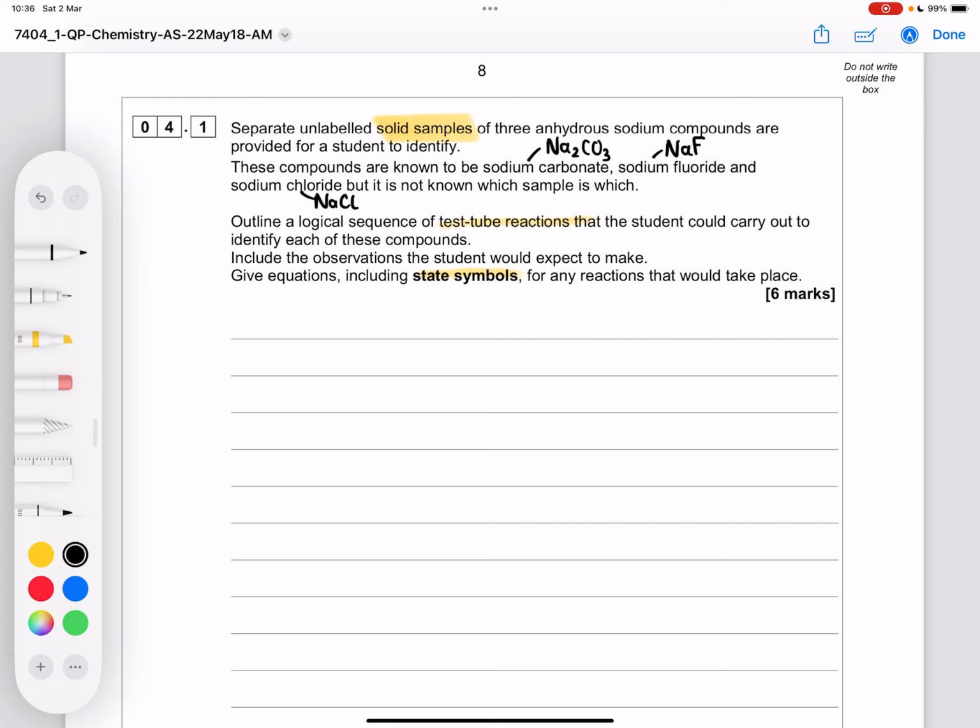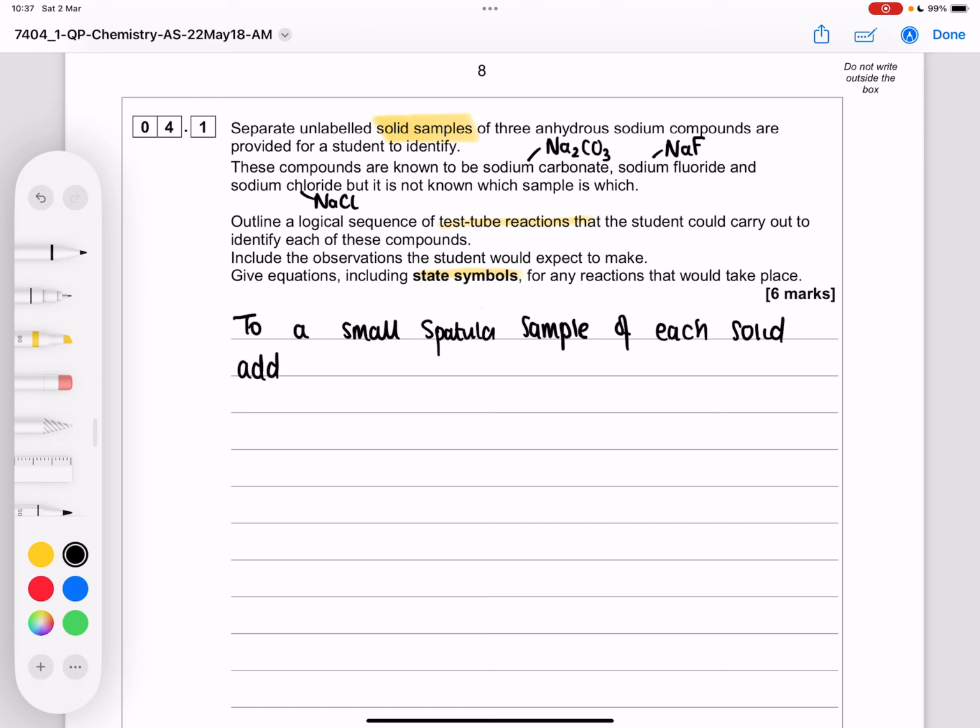So the carbonate ion is distinct from the group 7 ions. Let's remove the carbonate. So we need to think of a test for a carbonate, and the test for a carbonate is to add an acid. So let's say to a small sample, well, they're solids, so let's call it a small spatula of each solid.